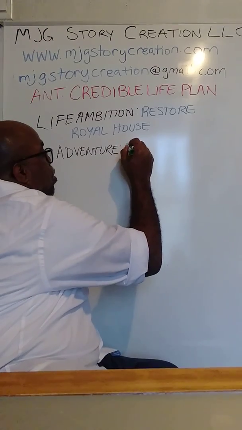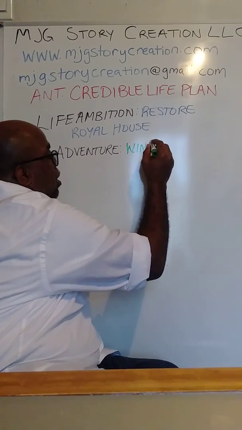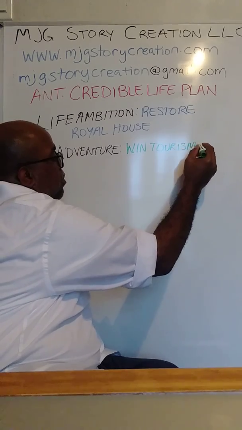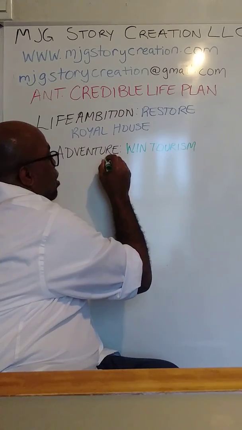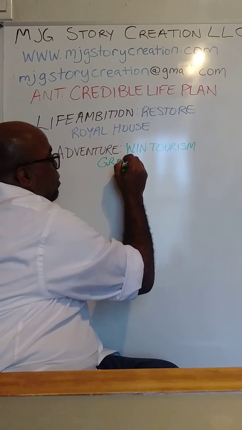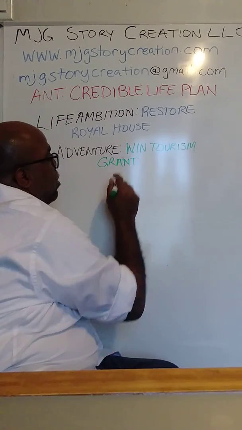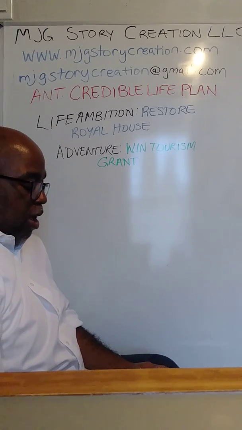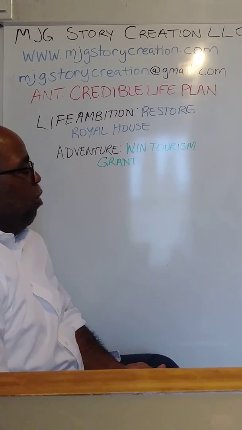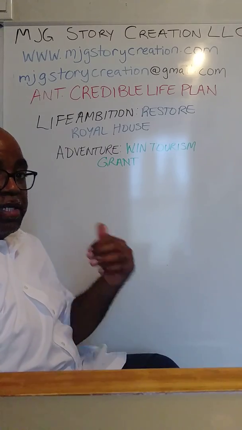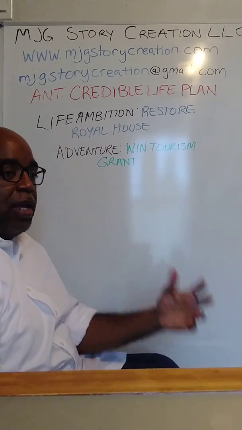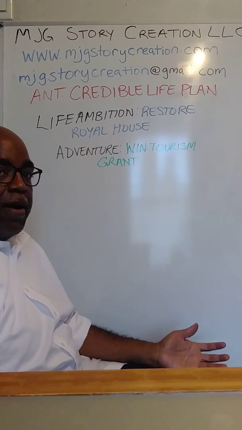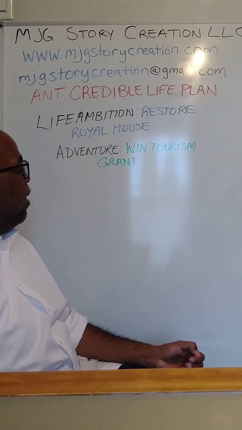So win tourism grant. Okay, and in winning a tourism grant, it will allow her to bring tourism to the country, to head up bringing tourism to the country, which of course would begin to increase the name of the house.